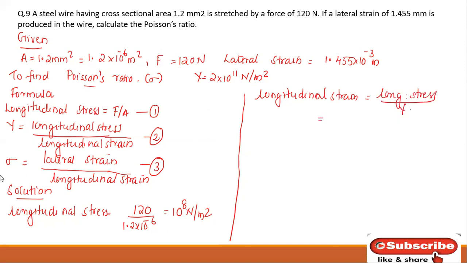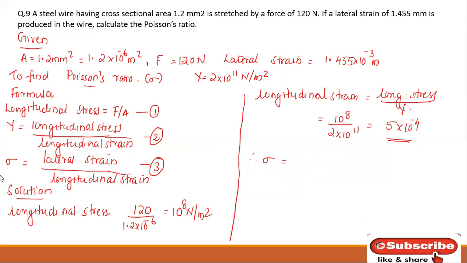That is, longitudinal stress value we got 10 raised to 8 upon Young's modulus, which is 2 into 10 raised to 11. That is 5 into 10 raised to minus 4. This is longitudinal strain. Therefore, we can find out sigma. Sigma is lateral strain by longitudinal strain.